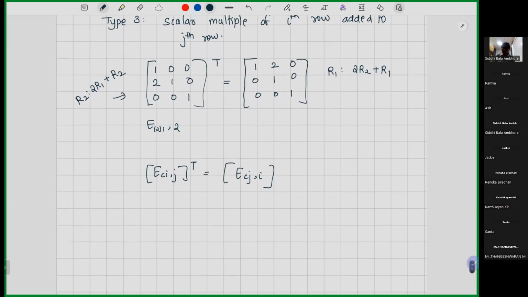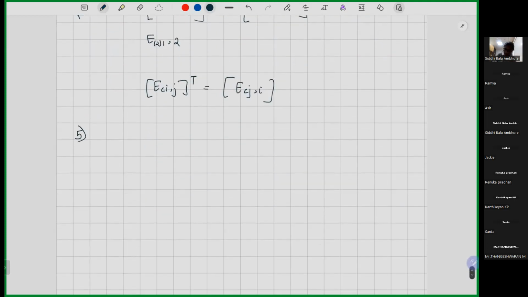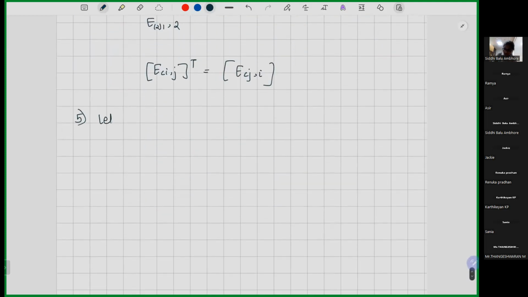Now the fifth question in this true false: if A and B are invertible matrices, let A and B be n cross n invertible matrices.